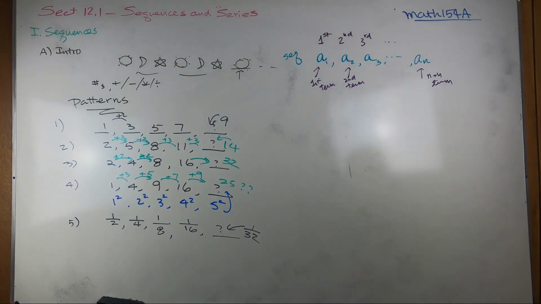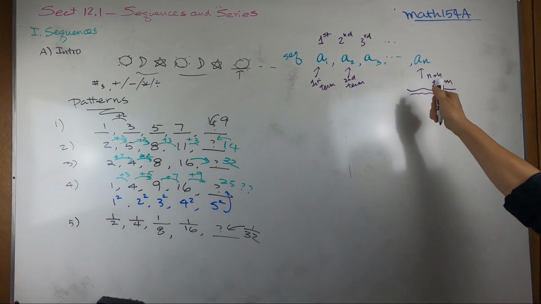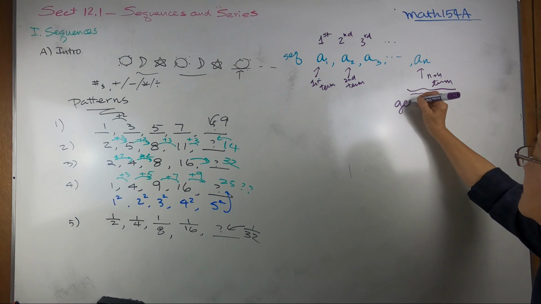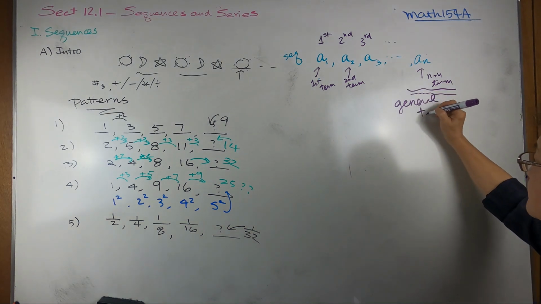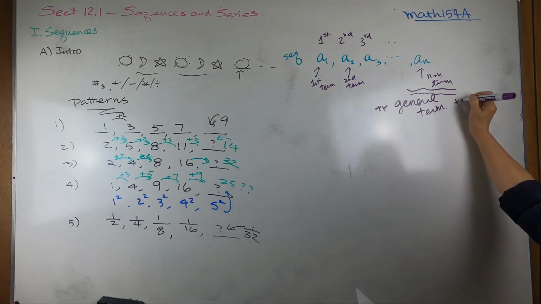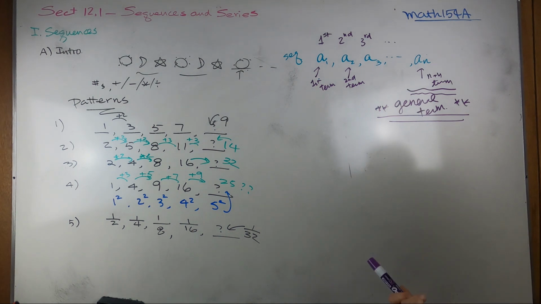So the nth term is what we usually refer to. You will get confused when we say the general term. What does it mean? We use nth term. It means n can be 1, meaning the first term, or 5, meaning the fifth term.